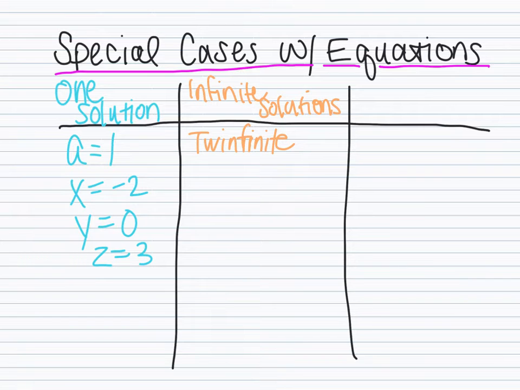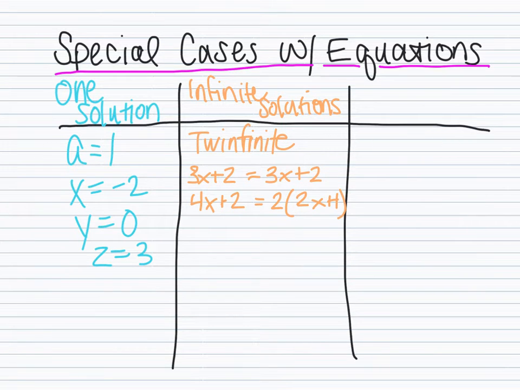So when you have twinfinite, to help you remember, you are going to get an equation that looks the same on both sides. So the equation might look like 3x plus 2 equals 3x plus 2. It also might need to be distributed. So let's say we have 4x plus 2 equals 2 times (2x plus 1).